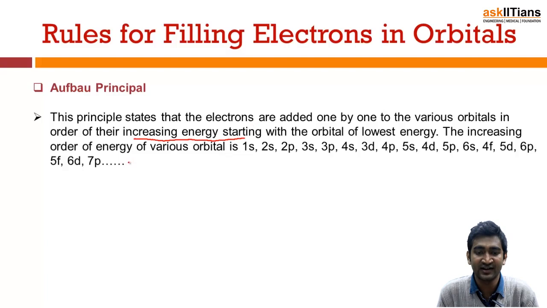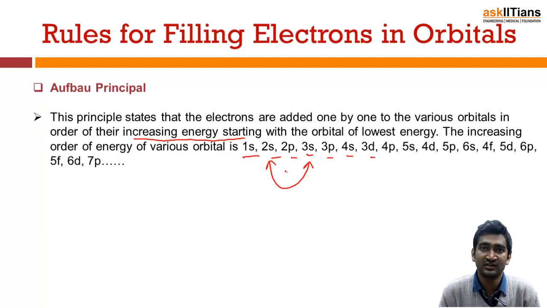And the increasing energy trend is 1s, 2s, 2p, 3s, 3p, 4s, 4d, right, like this. So now you see, between 2s there is p also. That's why when I was discussing the orbitals part, I said that along with 2s we'll also have some space.